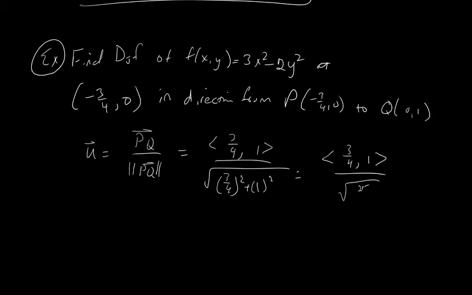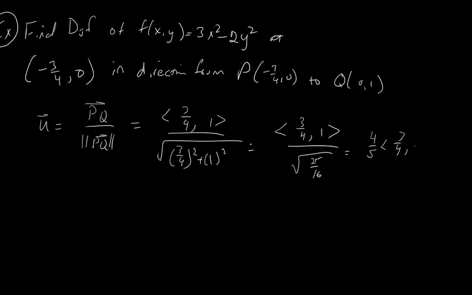The square root of 25/16 is 5/4. So this is 4/5 times (3/4, 1), which gives us (3/5, 4/5). So that is our u.